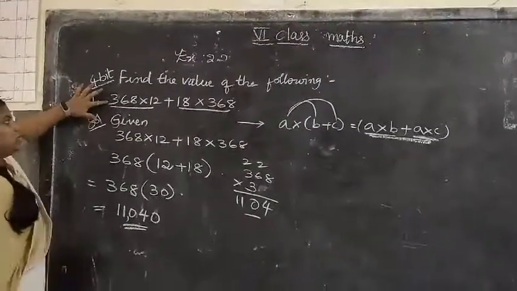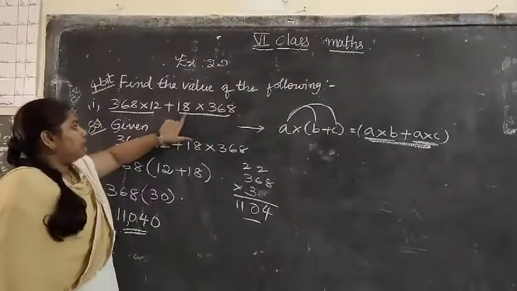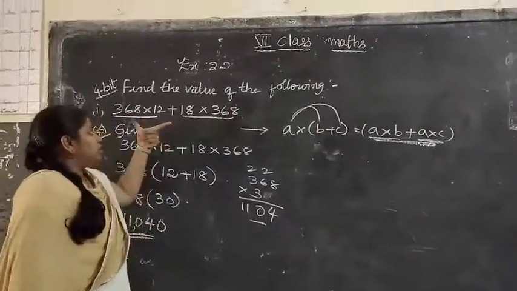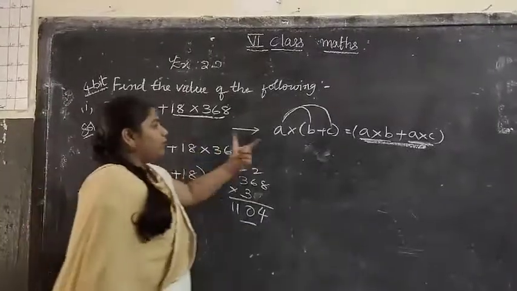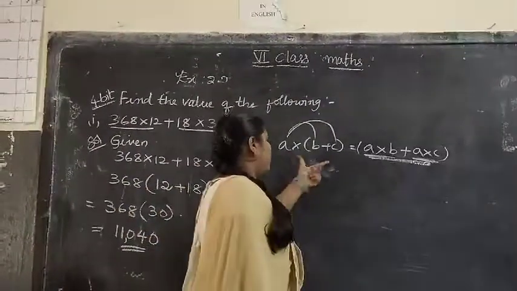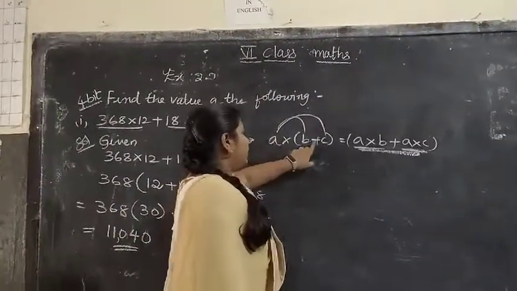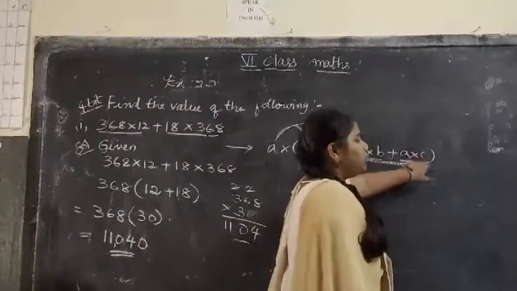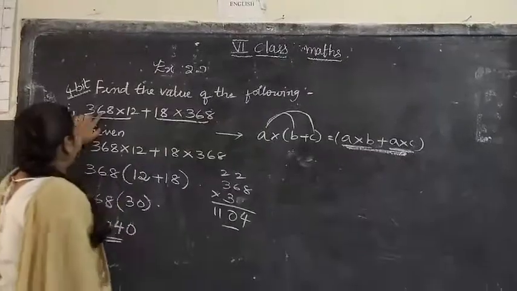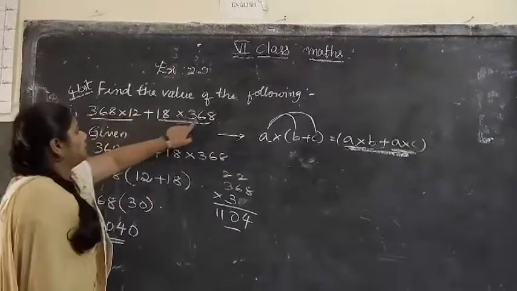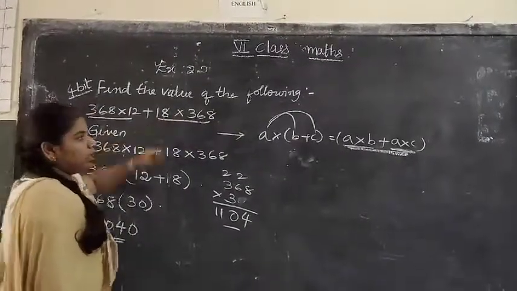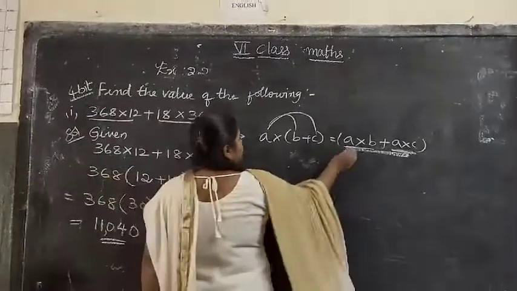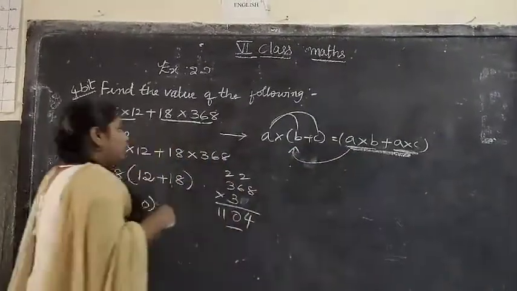So find the value of the following. They have given 368 into 12 plus 18 into 368. So this they have given as A into B plus A into C. Okay, now we have to convert this in the form of this value. So how to convert that?